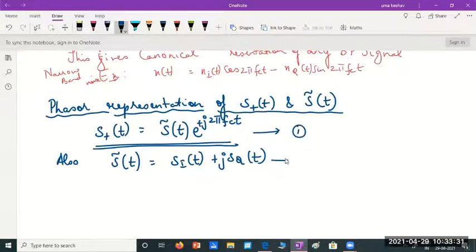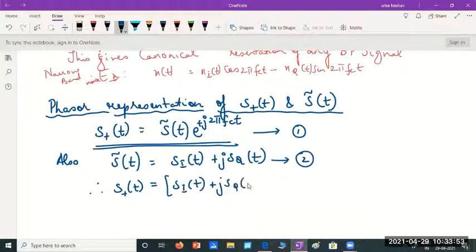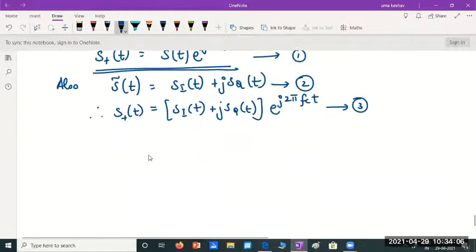Let me call these equation 1 and equation 2. Therefore, s plus of t is s_I of t plus j s_Q of t, multiplied by e power plus j2 pi fct, replacing the complex envelope. Using these, let's try to draw the phasors for all these signals.